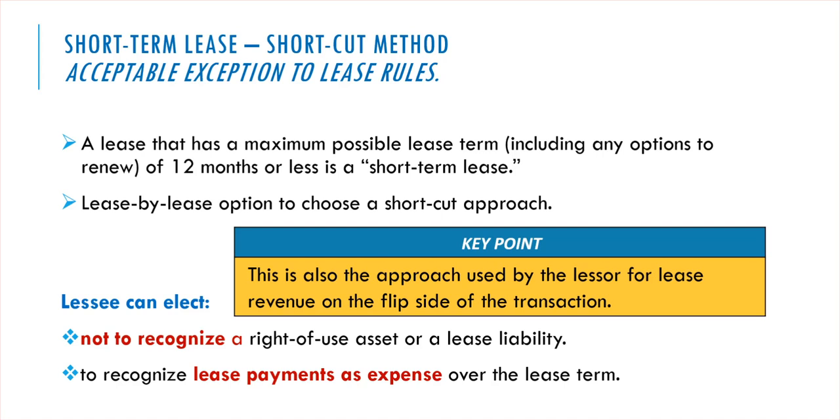So that's the same thing kind of here. If it's 12 months or less, you don't have to do present value calculations. If you don't have to do present value calculations, you don't record a lease liability or a right of use asset. You just call it an expense, and you expense it over a period of time.